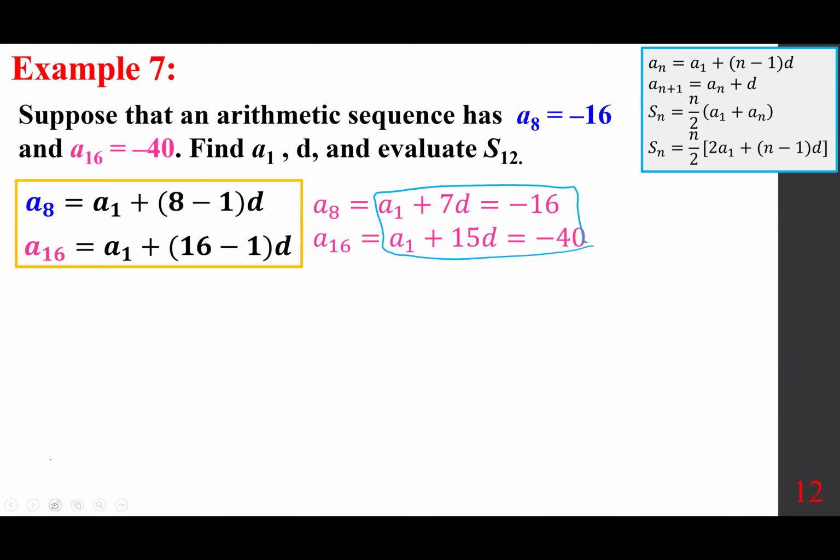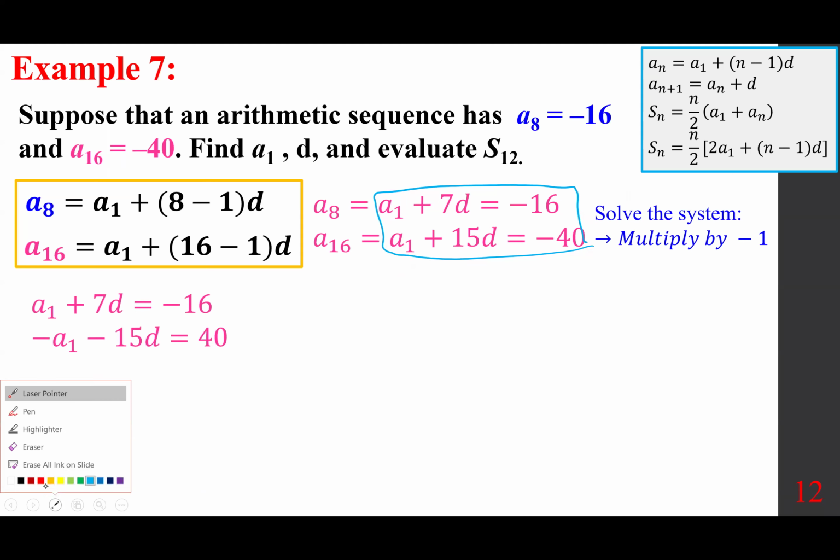So one easy way is to get rid of A sub 1. To get rid of A sub 1, multiply one of them by negative 1. It really doesn't matter which one. So we keep the first one intact, and let's multiply the second by negative 1. So we get minus A1, minus 15D, positive 40.